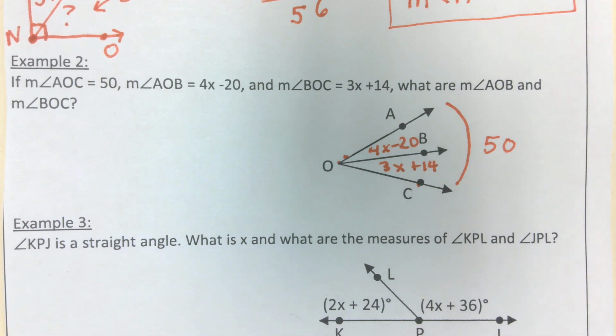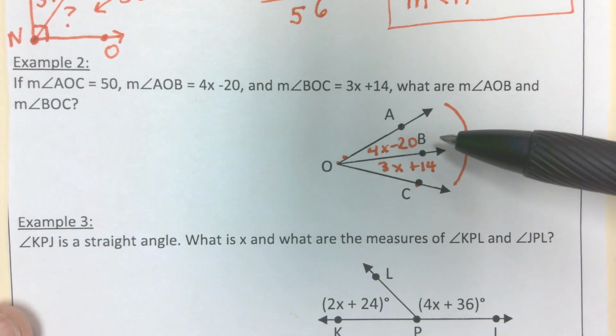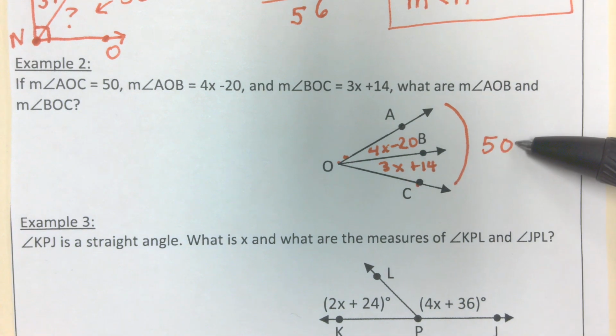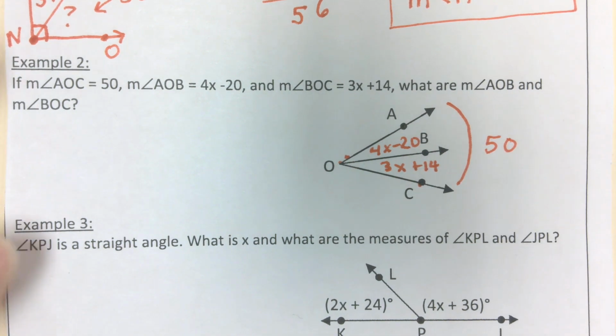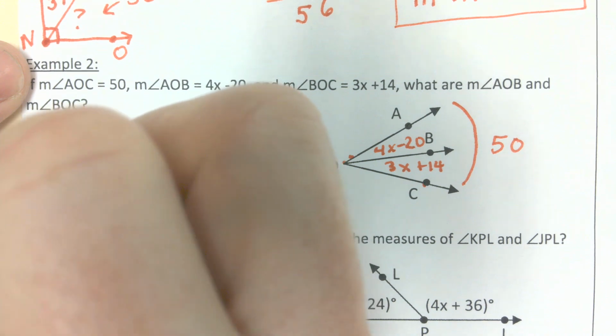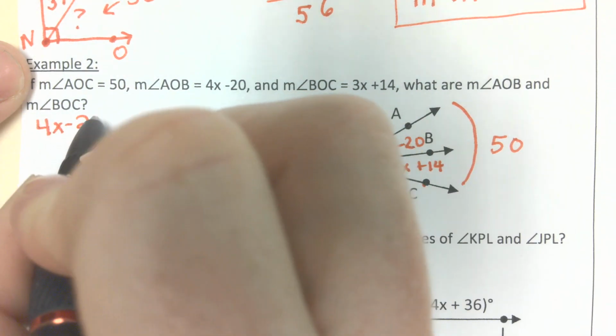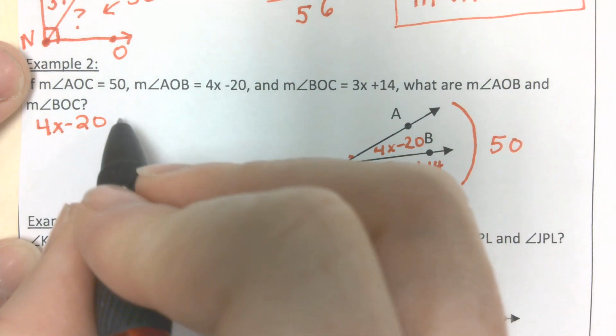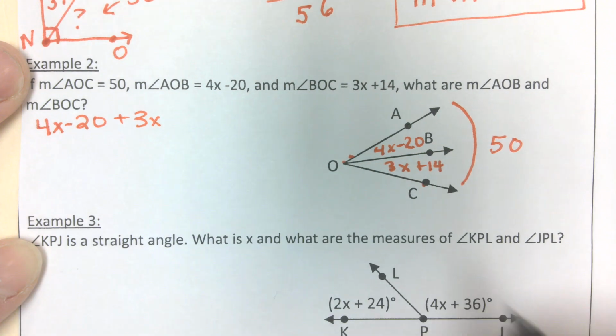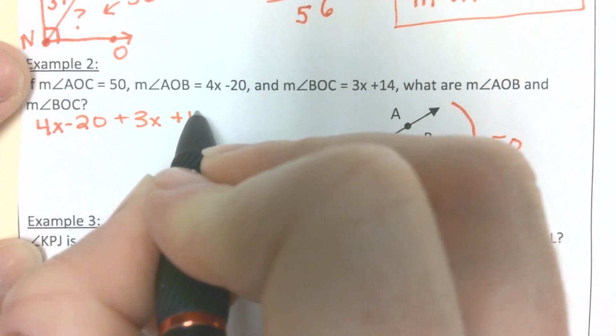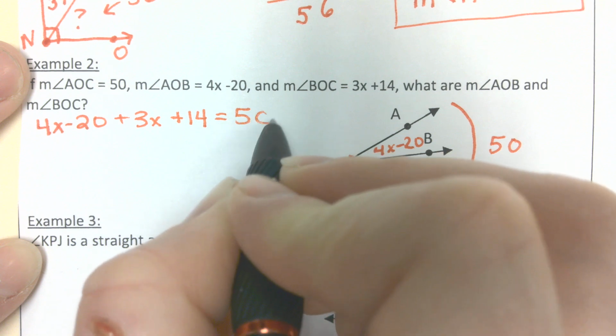So just like the last one added up to equal 90, this one is going to add up to equal 50. But we have x's in here. So let's set up the equation. 4x minus 20 plus 3x plus 14 equals 50.